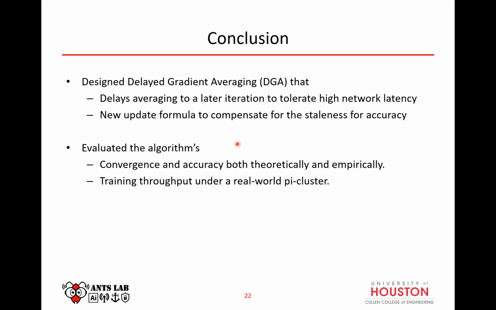We also saw that they did some real world experiments, and they showed the convergence and accuracy, both in theoretical and empirical results. And the training throughput was also observed on a real world Raspberry Pi cluster.